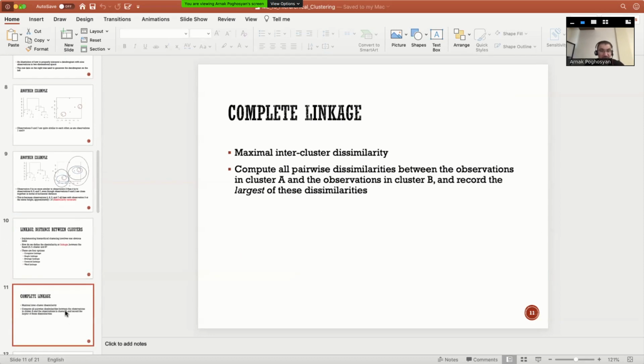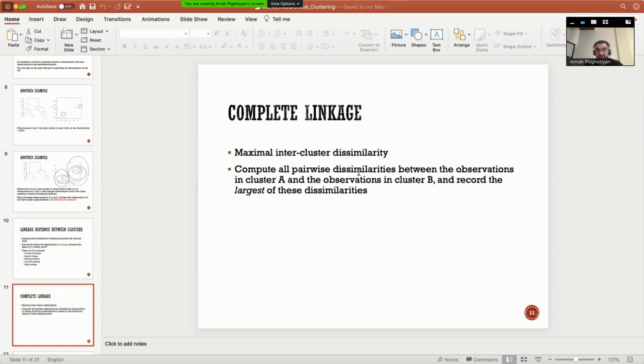Now let's try to understand, for example, complete linkage, how we are calculating the distance between two clusters. This is known as maximal intercluster dissimilarity. The term maximal is exactly indicating that when you have two different clusters, we are computing all pairwise dissimilarities, meaning pairwise distances.